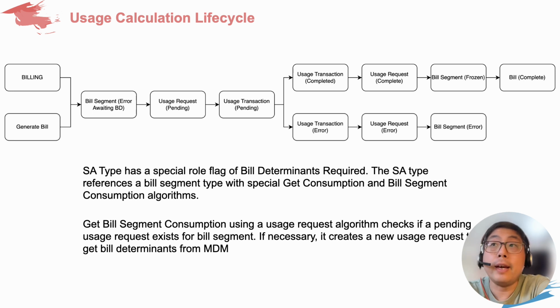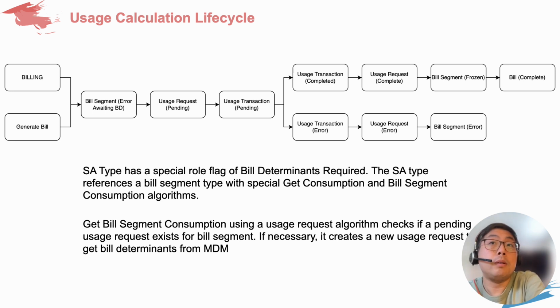There is a flag that normally indicates that it needs to create a usage request and send it to MDM. The SA type references the bill segment type with special get consumption and bill segment consumption algorithms. Both these algorithms we will talk about in detail in later slides.